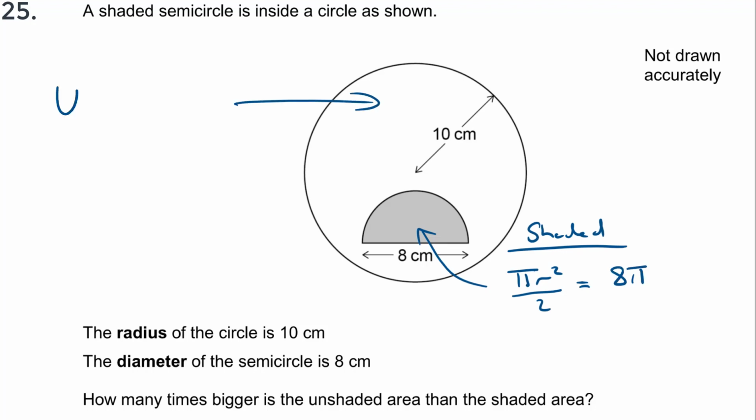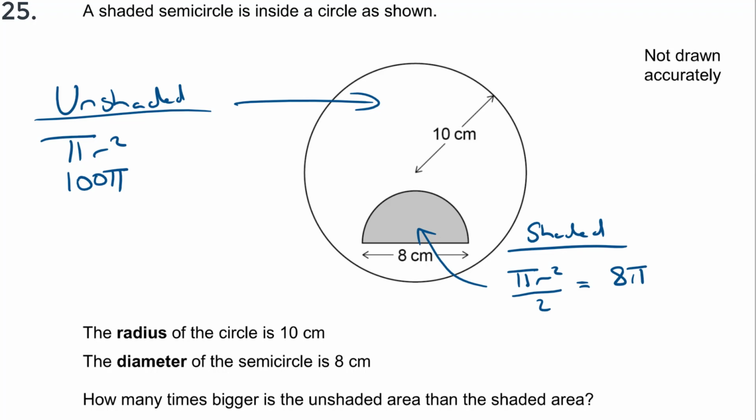Now let's have a think about the unshaded area. Now it is a circle, so it's going to be pi r squared, where this time the radius is going to be 10. So r squared, 10 squared is 100. So that's 100 pi. But remember, the unshaded area is going to have the shaded area cut out of it then, isn't it?